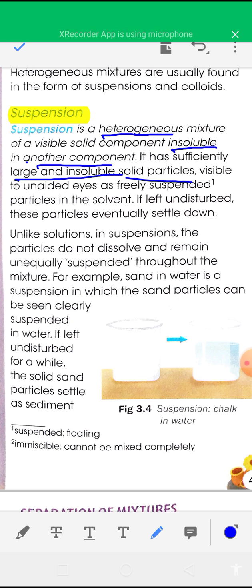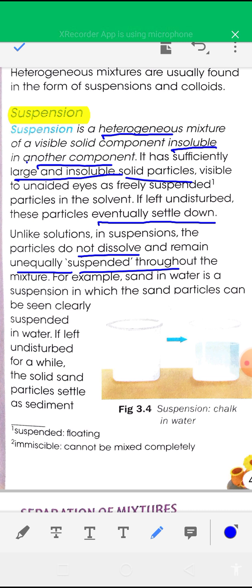If left undisturbed, the particles of a suspension settle down. In a suspension the particles are very large and insoluble in the solvent. Unlike a solution, the particles do not dissolve and remain unequally suspended throughout the mixture.